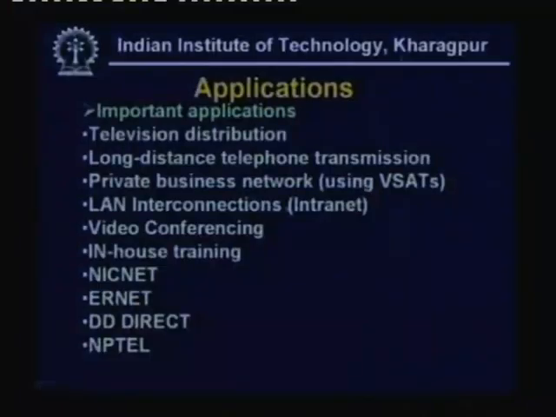So that will allow them to have a private business network, or they can set up an intranet where the LANs of an organization in different places can be linked with the help of VSAT antennas to set up an intranet, which we shall discuss in more detail later. And many other applications like video conferencing, in-house training can be done with the help of this satellite microwave communication. These are some of the important areas where it is being used.